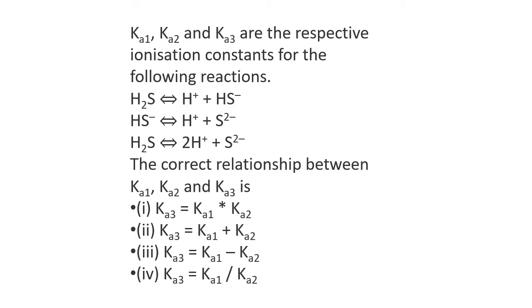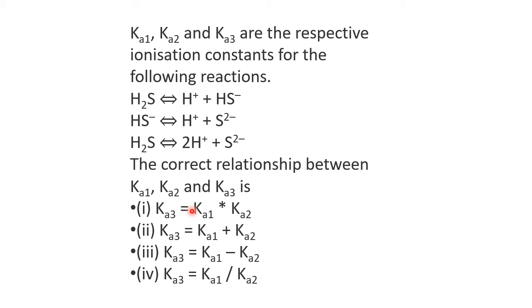Next. K1, K2, K3 are the respective ionization constants for the following reactions. The correct relationship between K1, K2, K3 is, please see this reaction. This one I told under the category of successive Ks. After the first dissociation, that is K1. Again, further dissociation gives K2 and so on.